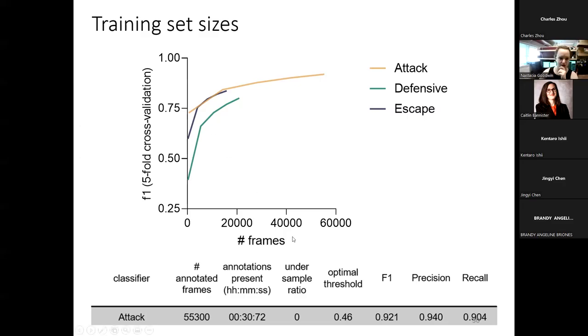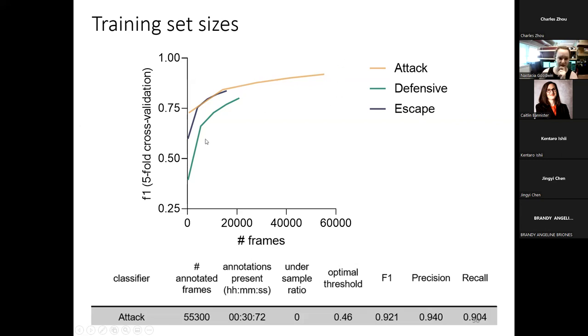Here is the total number of frames that I annotated. There were some videos in here that didn't have attack in them at all. For attack, I labeled about 60,000 frames, at 30 FPS. Sam told me to stop labeling around here, which I probably should have, because you can see that the performance really tops out after a while.